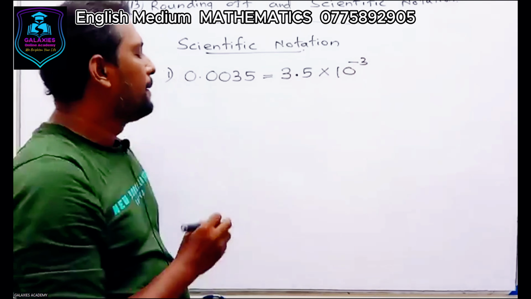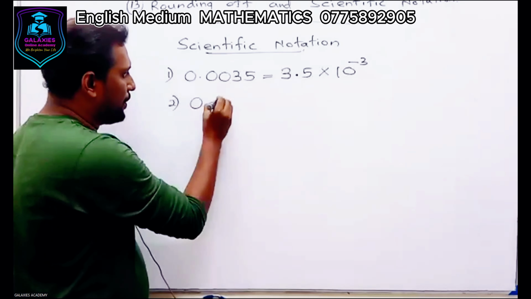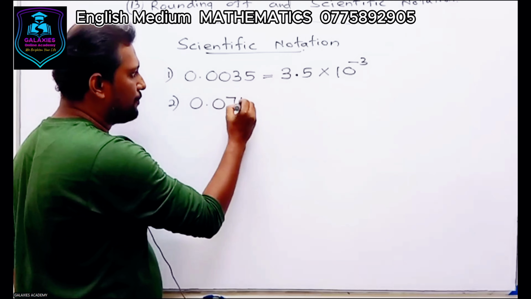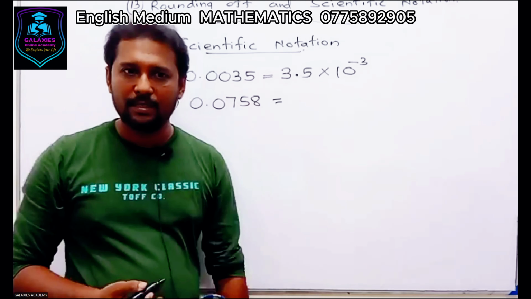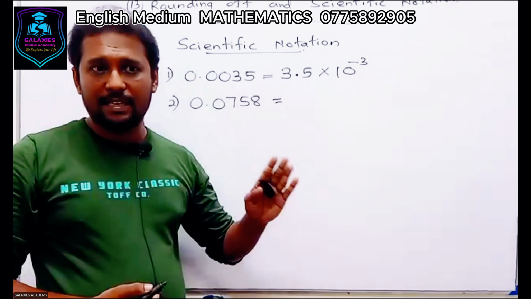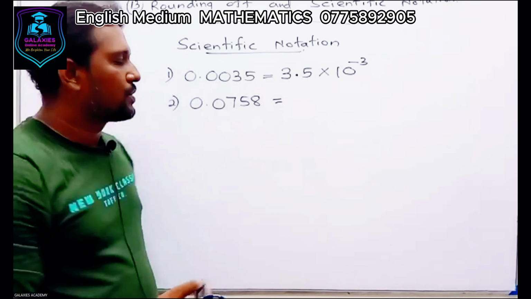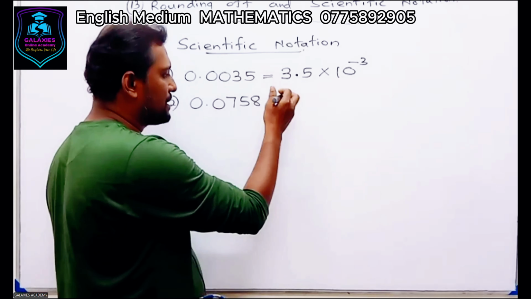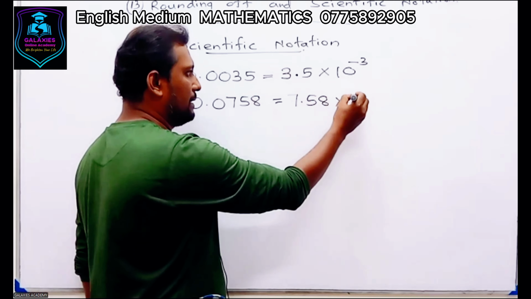Right? Second example, look at 0.0758. Where do you have to keep the decimal point? After the first digit except 0. What is the first digit? 7. So you have to keep the decimal point after 7. 7.58 multiply 10 to the power.